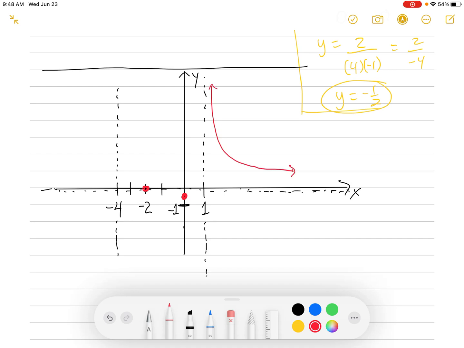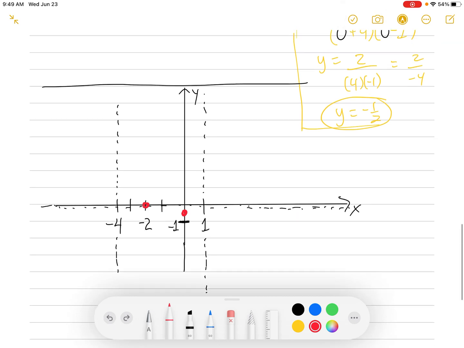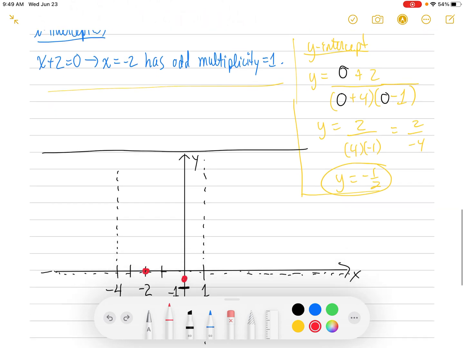So your graph is going to be either up in this corner, following the vertical asymptote and the horizontal asymptote, or down in this corner, following the x-axis and the vertical asymptote. So that's the way it behaves. You have basically two options, this one or this one.